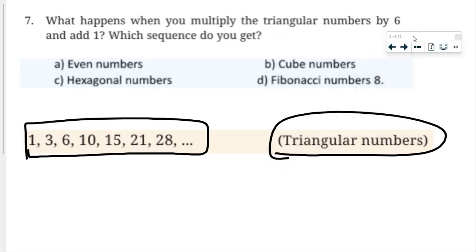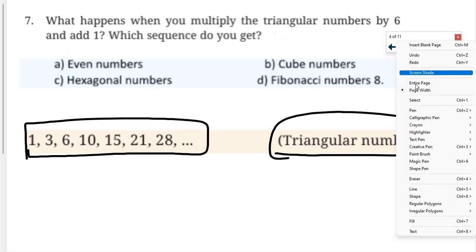You have to memorize them: from one number, add 2, add 3, add 4, add 5, add 6, add 7, add 8, you get 36, add 9, you get 45. Keep adding.